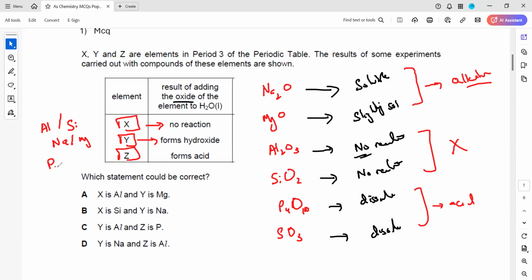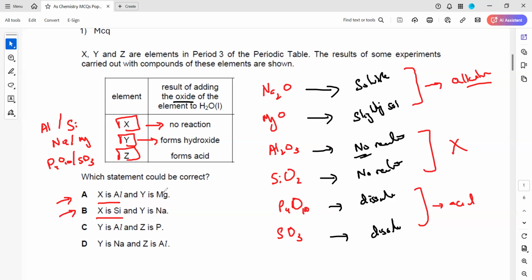It might be phosphorus oxide or sulfur trioxide. So X could be aluminium or silicon, which means two of the options are totally wrong now. Either A or B can be the right answer, but it cannot be C or D.